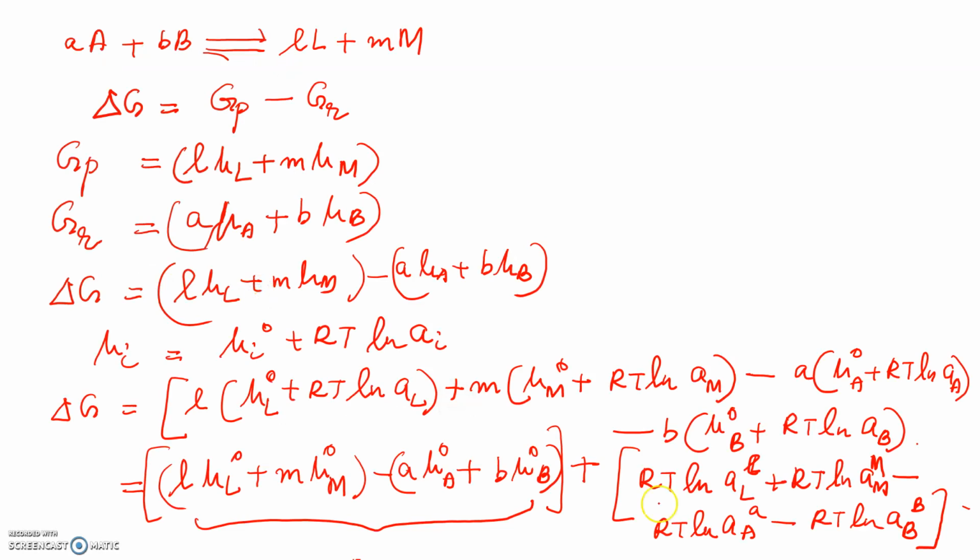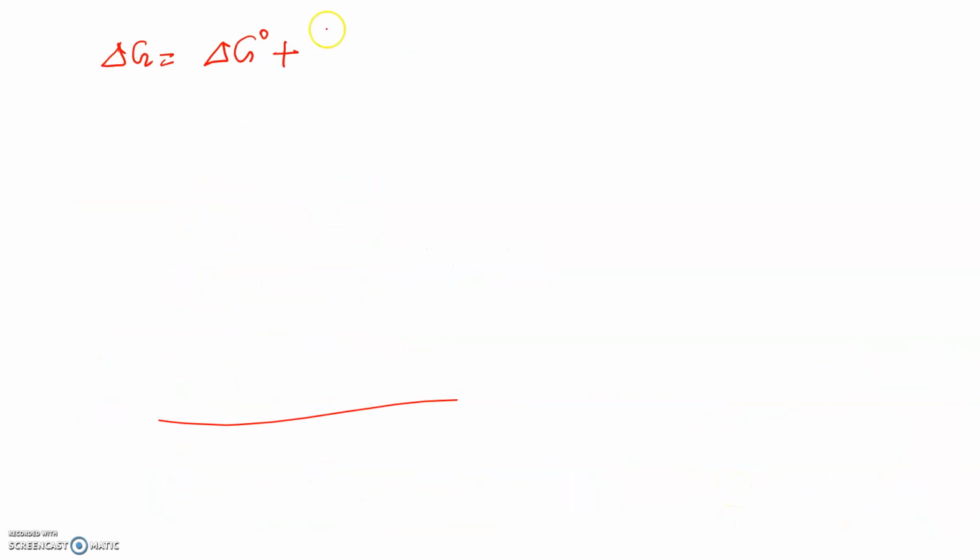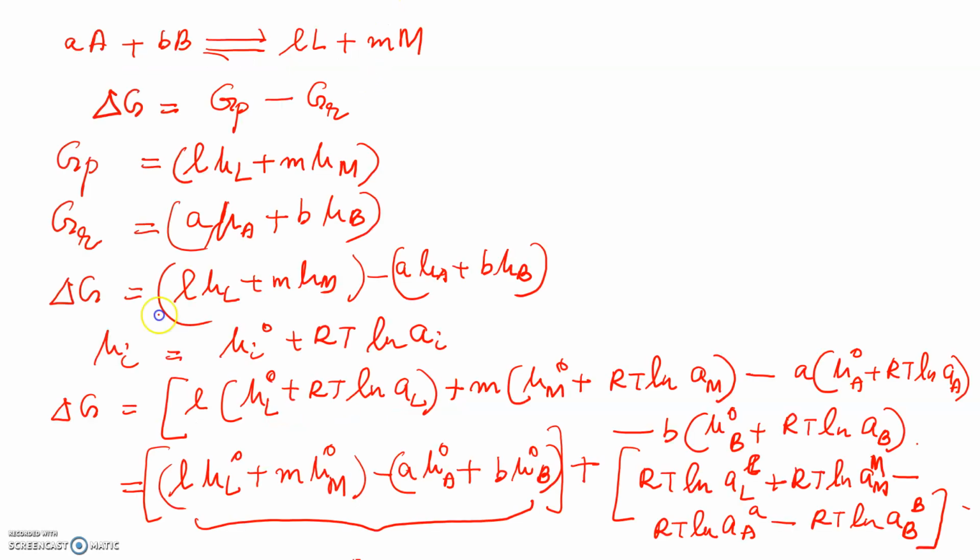Therefore, we can write delta G is equal to delta G0 plus RT, which we can take outside, times ln a L raised to l plus ln a M raised to m minus ln a A raised to a minus ln a B raised to b.